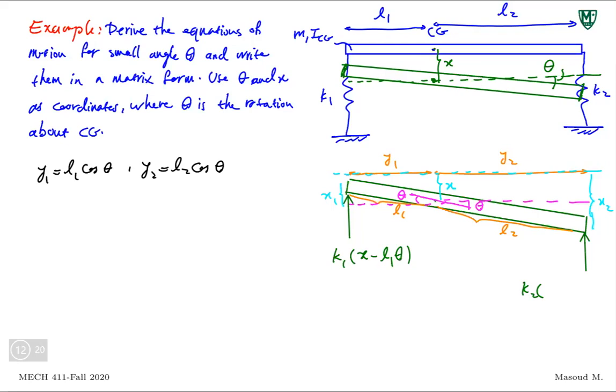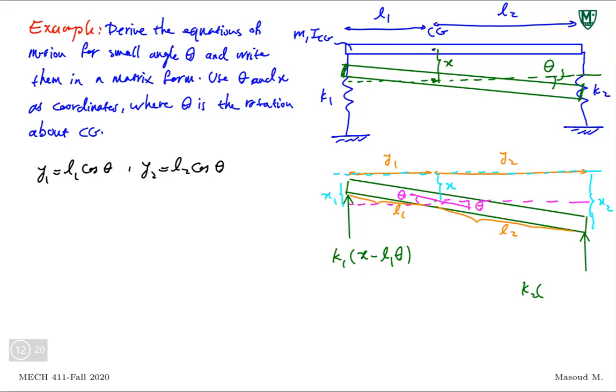Again, we went down X amount, so K1 times X. I'm looking at the force on the left from this one. But the bar is rotated a little bit, so this side went up. How much did it go up?